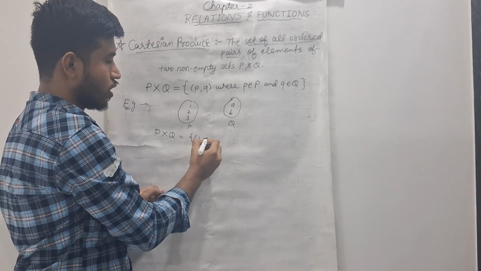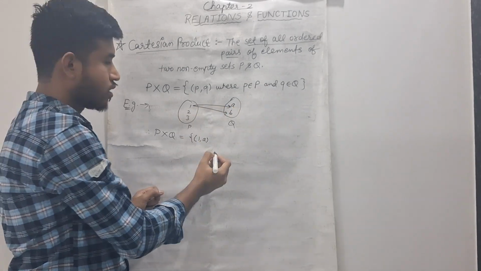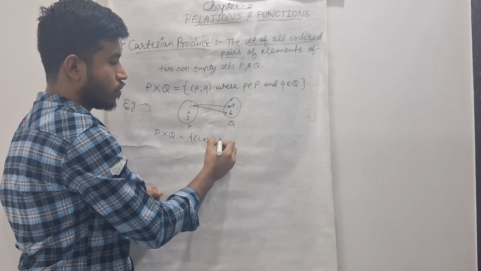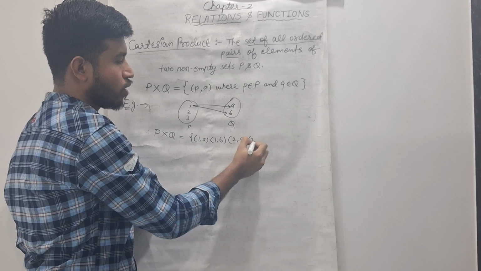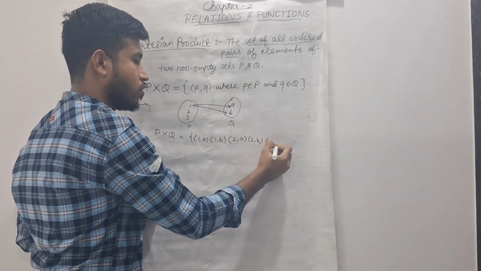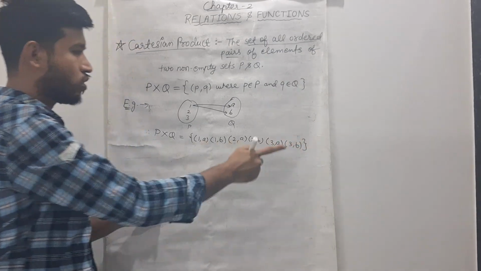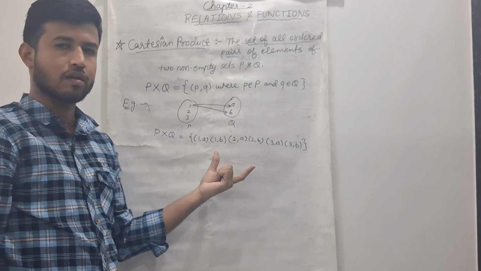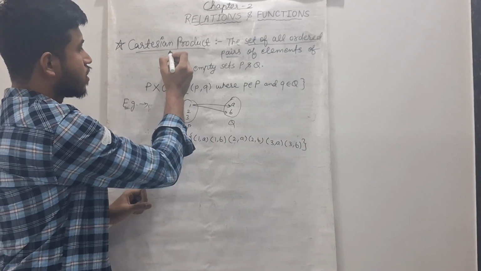So 1 is related to A, similarly 1 is related to B: (1, B). Similarly for 2: (2, A), (2, B). Similarly for 3: (3, A), (3, B). So these are all possible relations. How can we find this? By using the Cartesian product.